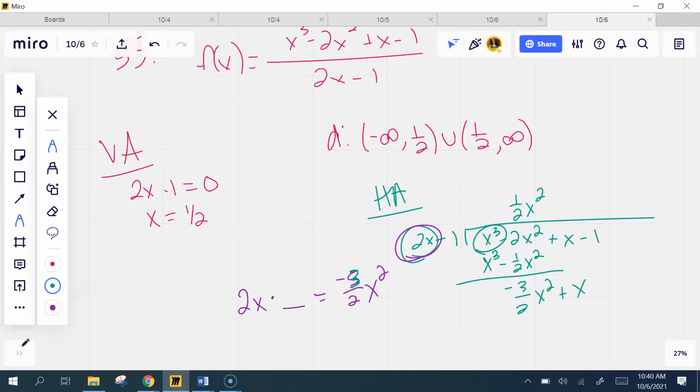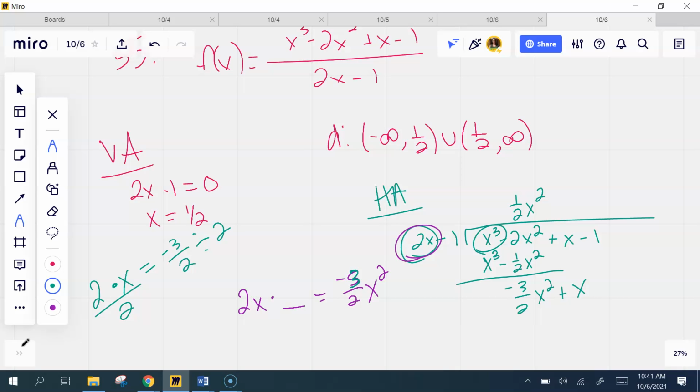What can I multiply 2 by to get -3/2? Divide 3/2 by 2, and you get 3/4, right? Divide by 2, divide by 2.